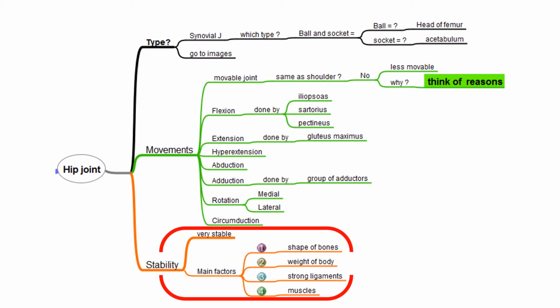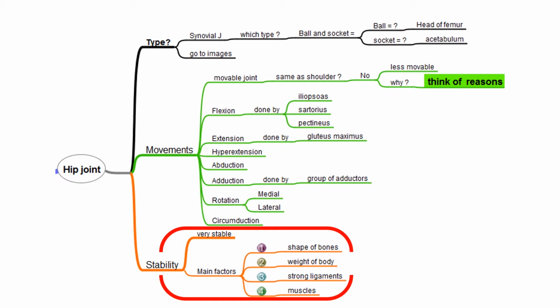Now we come to a very important issue in any joint, and that is stability. You may remember that the shoulder joint was not very stable, and you know the reasons. Now, what about the hip joint? The hip joint is very stable. What are the main factors that make the hip joint stable?